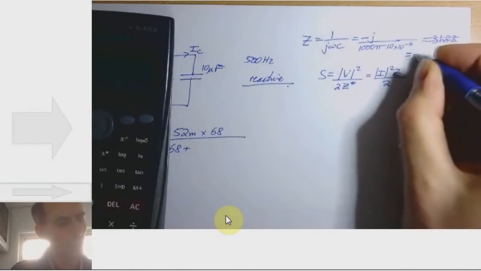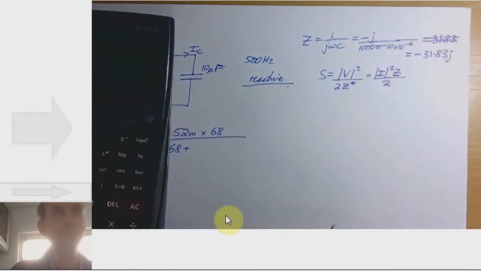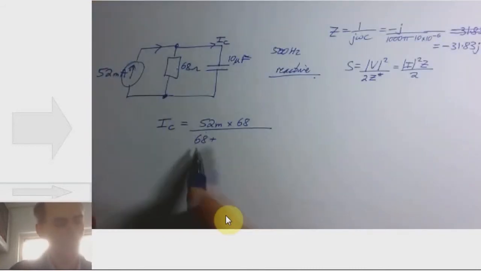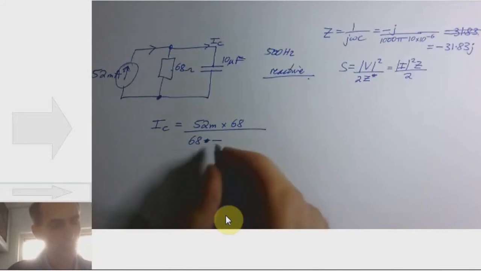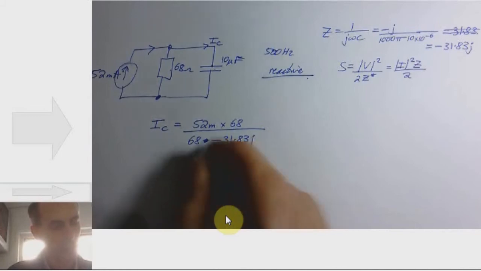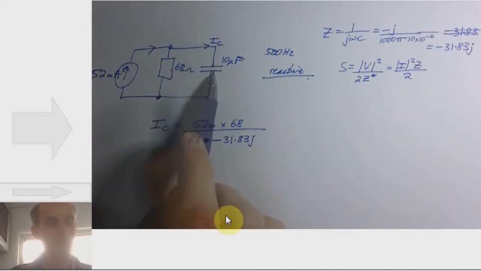Probably easier if I write it, minus 31.83 j. Right. So down here, 68 minus 31.83 j. That is the current that is flowing down through this capacitor.